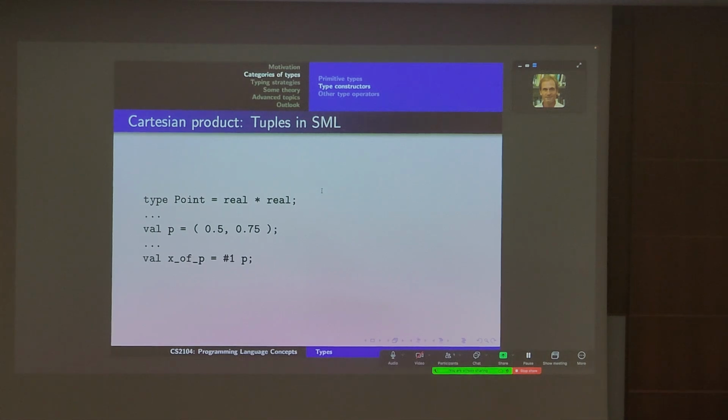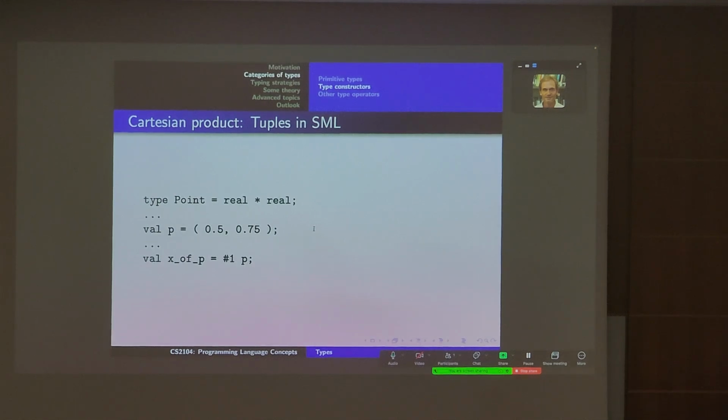So the star lets you define a tuple. The point is, in this case, the result of the Cartesian product of real times real. That means you can write tuples in this form, just using mathematical notation in SML.